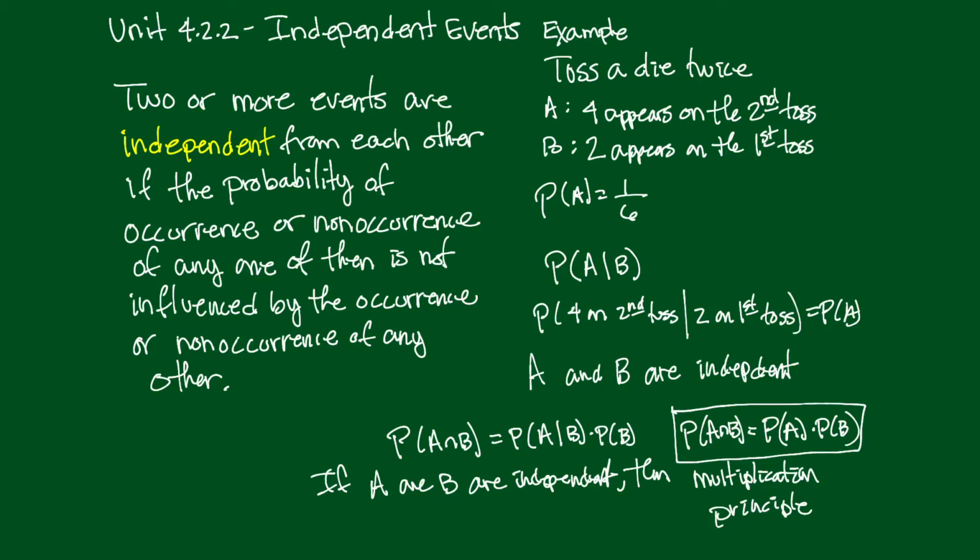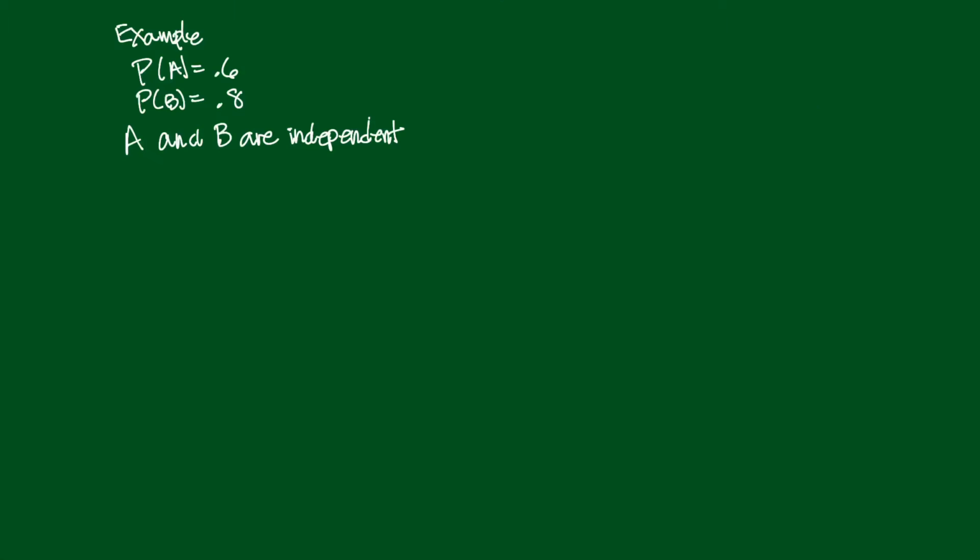What it says is that if you know that two events are independent, you can just multiply their individual probabilities together. Here's another numerical example. Suppose that the probability of A is 0.6, the probability of B is 0.8, and you know that A and B are independent. What's the probability that both A and B occur?